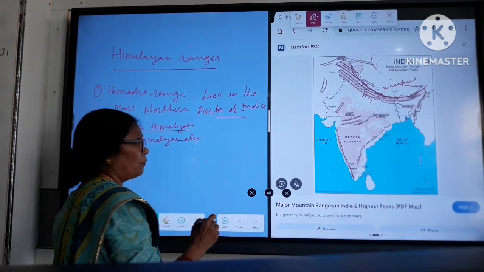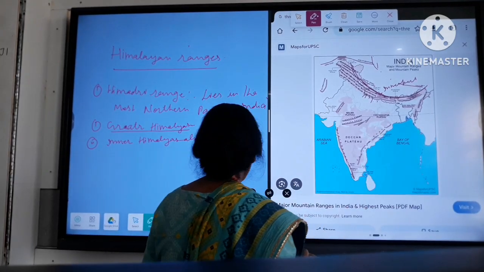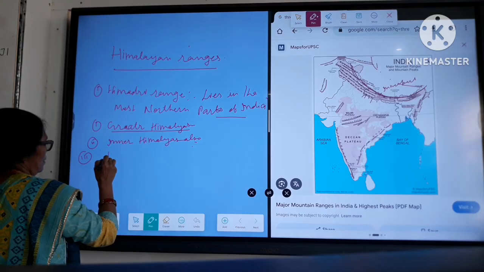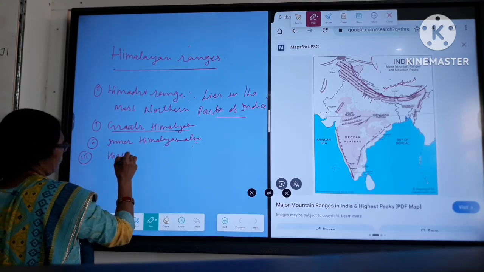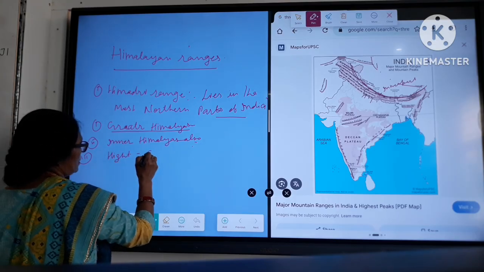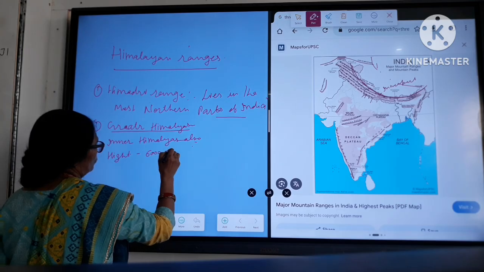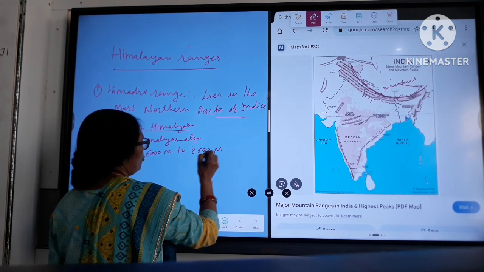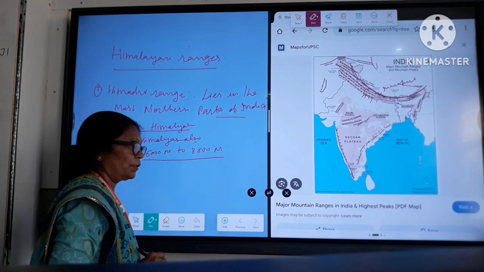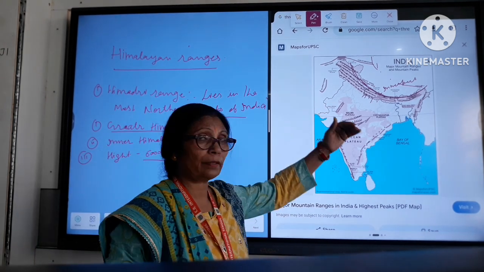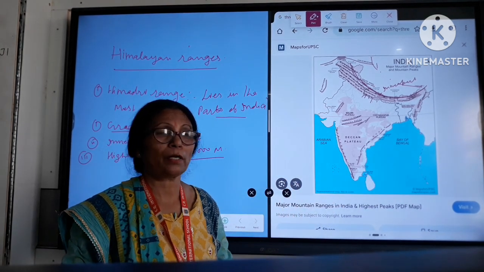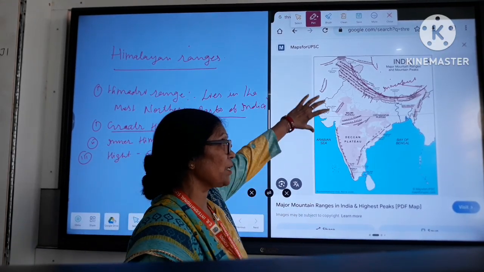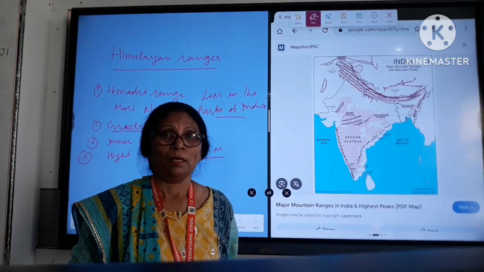Do you know what the inner part is? Its height is 6,000 meters to 8,000 meters, because they are situated very high.